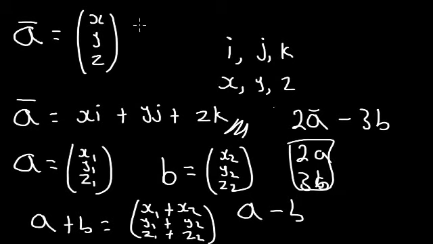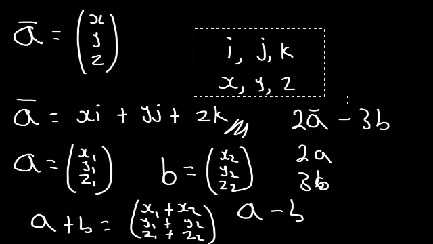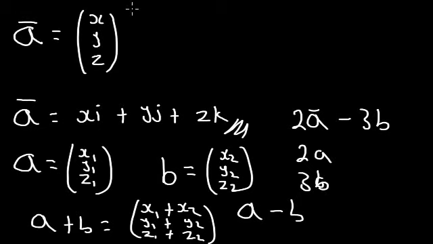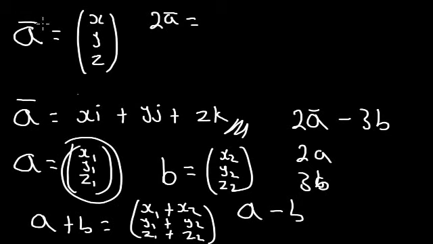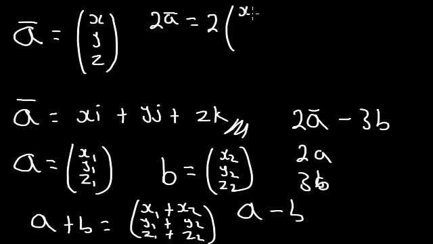So how do you want to find these two? It's pretty much straightforward. So to determine 2A, what you are meant to do is to multiply 2 by the vector A. So we are multiplying 2 by x1, y1, z1.